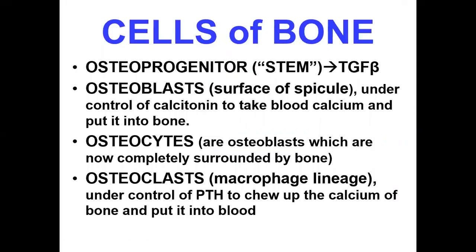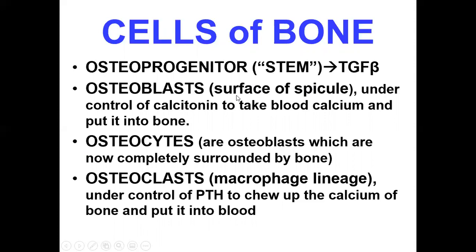So what are the cells of the bones? So osteoprogenitor cells, which are stem cells, and they give rise to other types of cells. Then osteoblasts, they are present under the surface of the spicule and they are under the control of calcitonin to take blood calcium and put into bone.